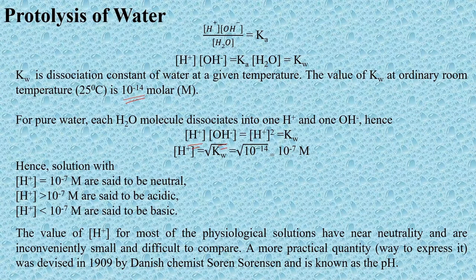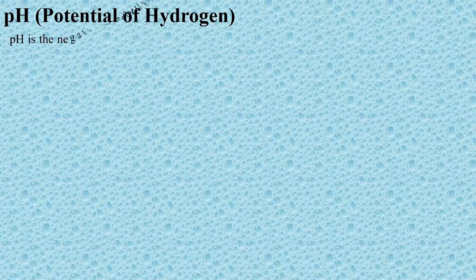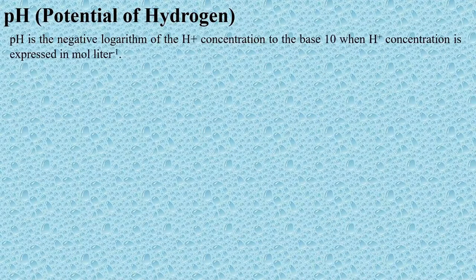So a more practical quantity to express the acidity was devised in 1909 by a Danish chemist, Søren Sørensen, known as pH. pH is the negative logarithm of H+ concentration to the base 10, when H+ concentration is expressed in mole per liter.